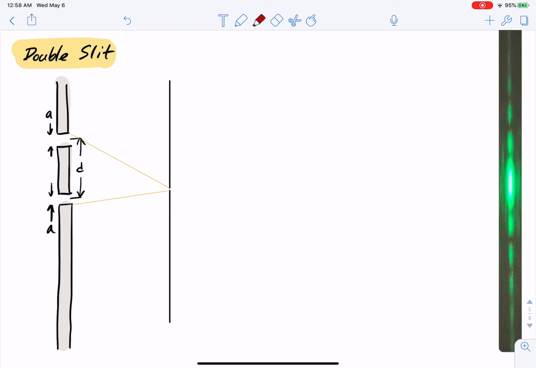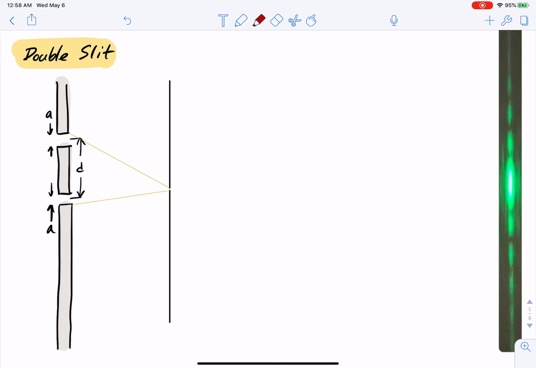If I had a slide here and I could move it up and down and always have just one slit open, I wouldn't be able to see any difference from one to the other. Now the strange thing is what happens when I open both of them. With a normal light source, if you turn on a light bulb, then you turn on another light bulb, everything gets brighter.